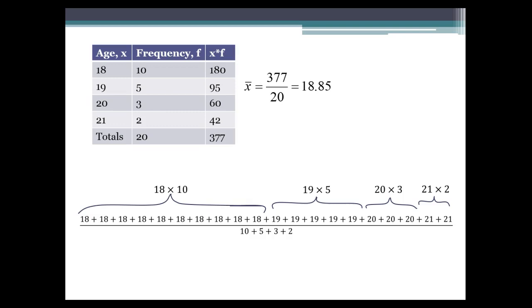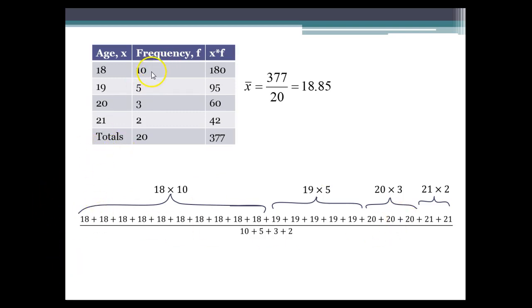I want to show you quickly kind of where this formula comes from. One thing I like about statistics is that if you pick the formulas apart a little bit, you see that there's a reason for doing things the way it is. This example, if I wanted to, I could write it as a list of data.